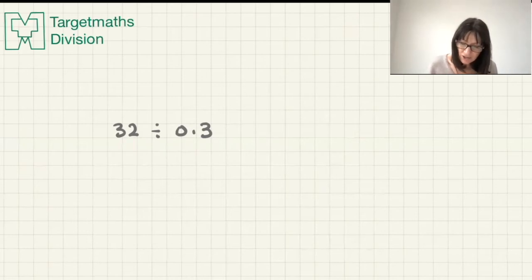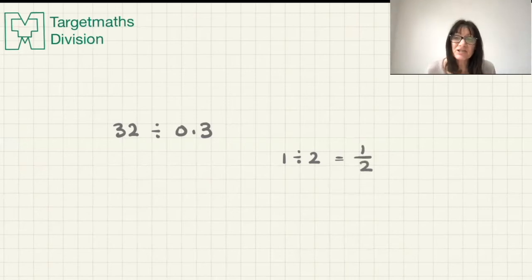If I had the question 1 divided by 2, I can rewrite that question as 1 over 2. 1 divided by 2 is a half. And I can see that number and I feel very comfortable with that number. That number is a half. I also know my rules of fractions allow me to write equivalent fractions.